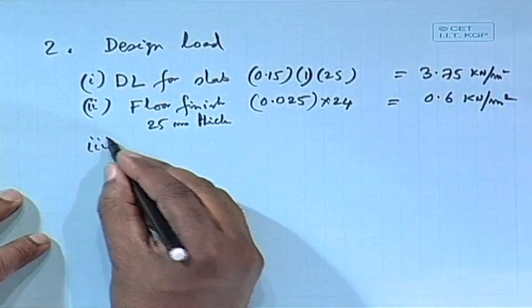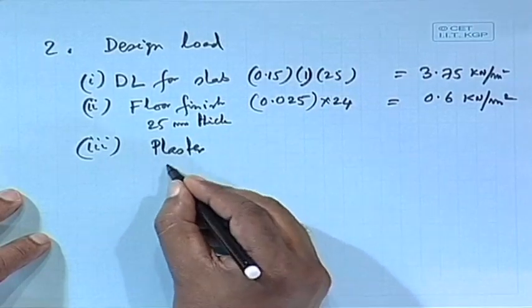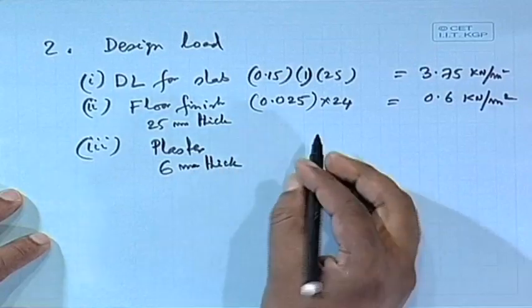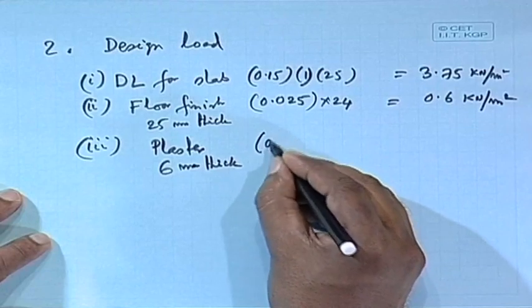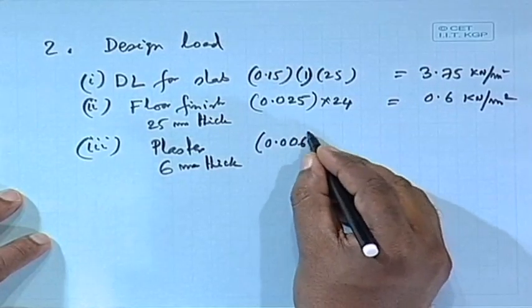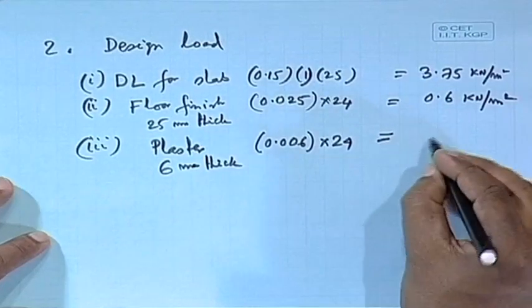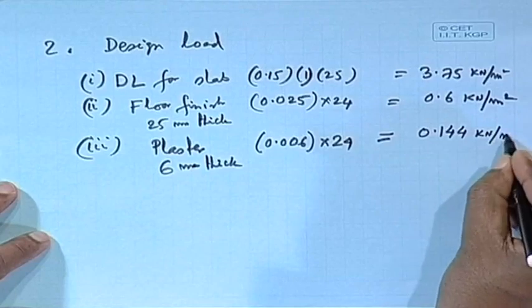Number 3, plastering, plaster say 6 mm thick. So, this one is 6 mm thick that we are using. So, 0.006 times 24, that is equal to 0.144 kilonewton per square meter.